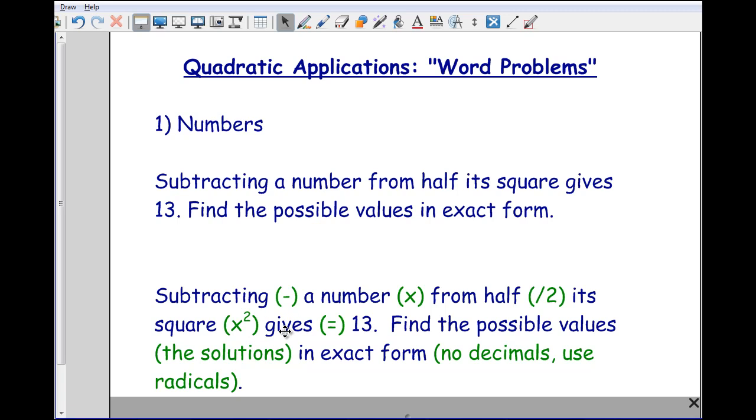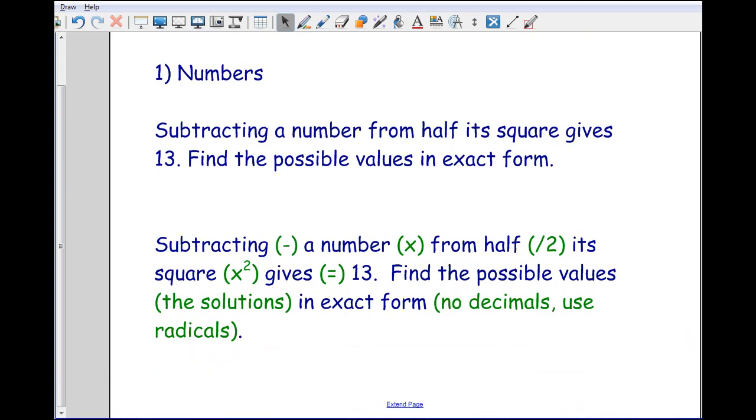The word gives means equals, and 13 is just your answer. Then it says find the possible values. Well, that means the solutions. And exact form means no decimals and you have to use radicals. Okay, so that's how I read that. And you should do these more often, and you can practice and get accustomed to immediately seeing the stuff in green, and that helps.